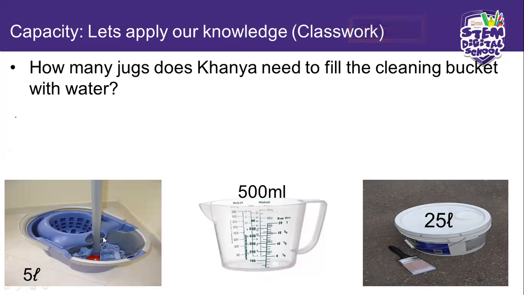Just look at the screen there. The first 500, the two 500s, it's 1 liter, 2 liters, 3 liters, 4 liters, 5 liters. When you count, it's 5 liters. So how many jugs? Remember, 1 jug is 500 milliliters. So it's 1, 2, 3, 4, 5, 6, 7, 8, 9, 10. So 10 jugs will fill the 5 liter cleaning bucket.